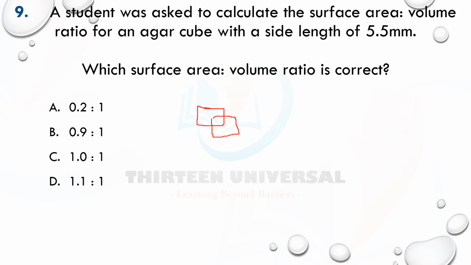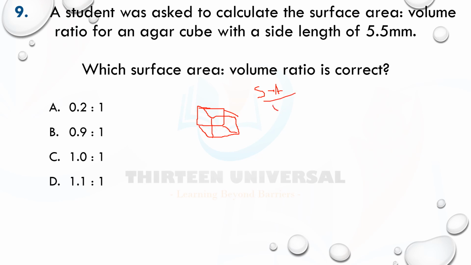So if this is a cube, yeah, watch this. You see that the cube has, of course, the same length, same width. And remember that we're doing surface area, SA, to volume ratio. So this is volume.